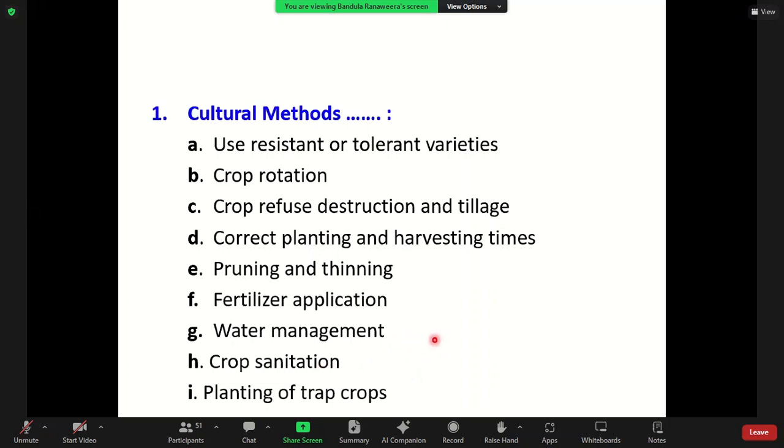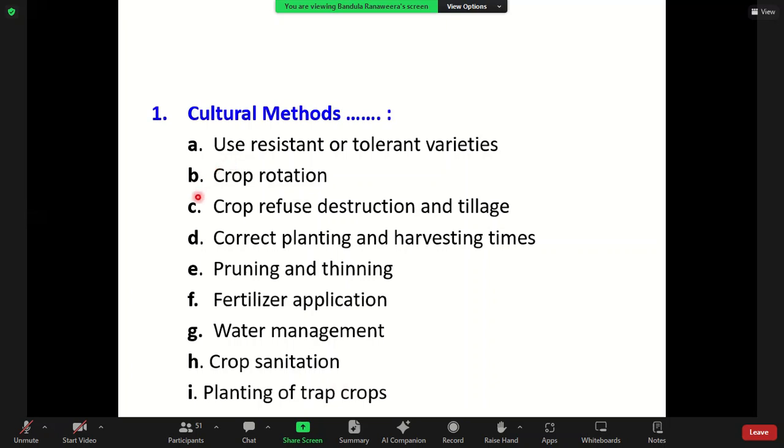Sometimes we plant crops that trap diseases or pests, and then later we can destroy the trap crop which has trapped our diseases. So these are normal practices that are useful for plant disease management.